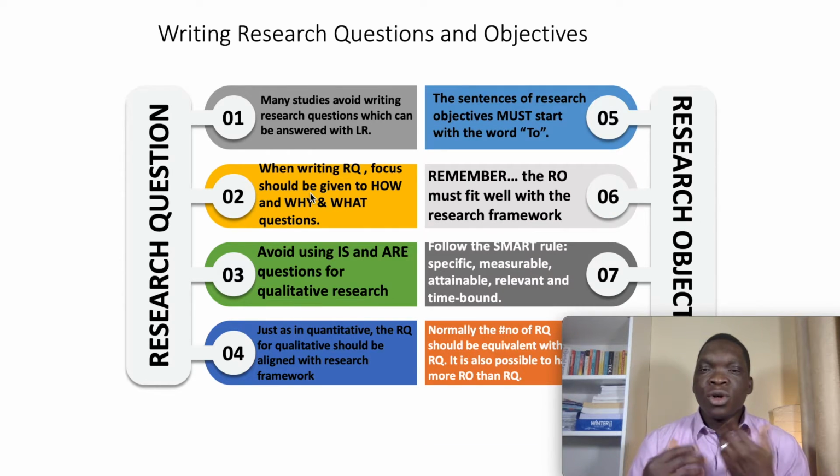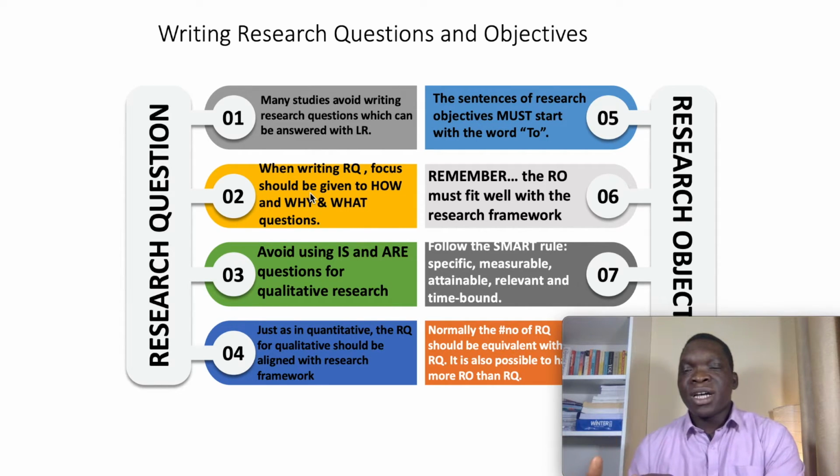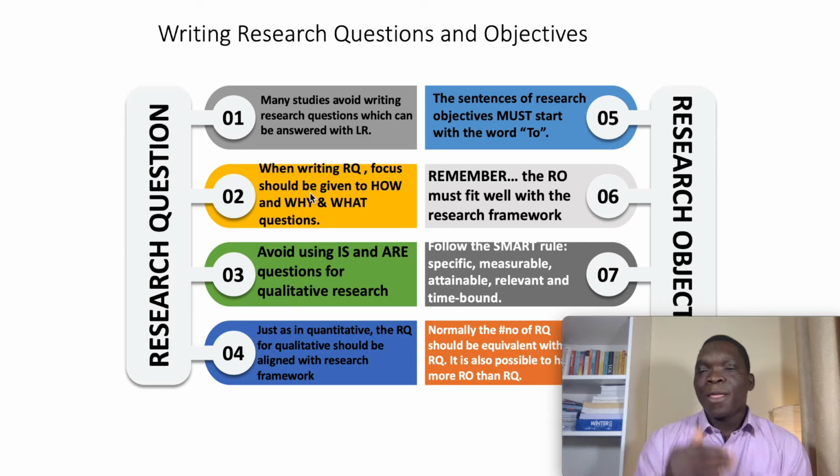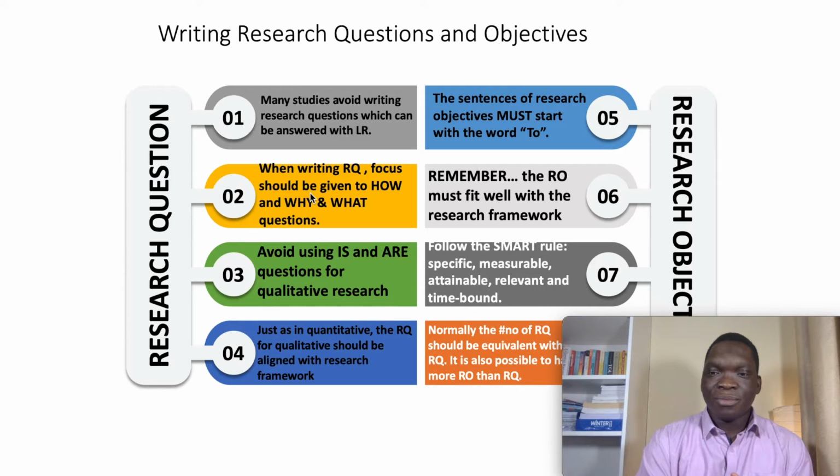When it comes to your research objective, it is important that you start the language of your research objective with "to." So when we say, what are the factors that influence knowledge sharing behavior, for your research question, the research objective would be to determine the factors that influence knowledge sharing behavior.